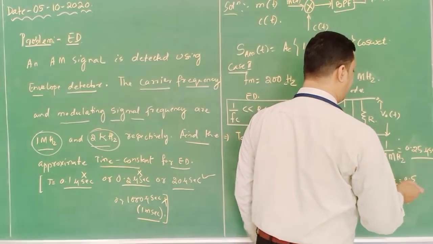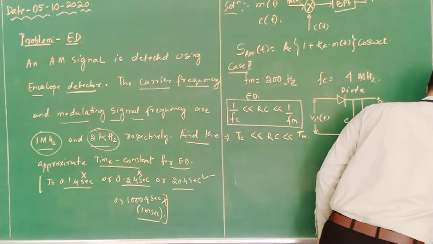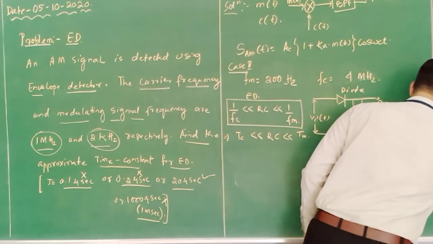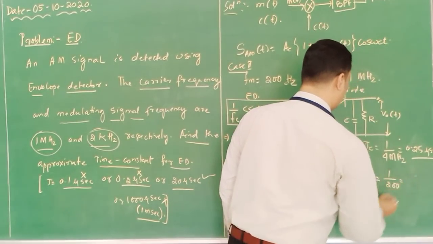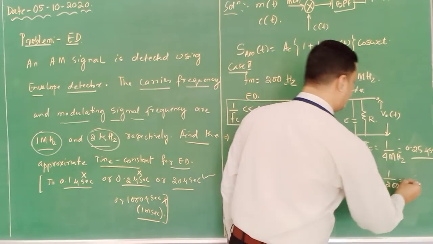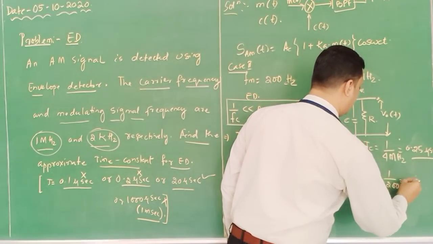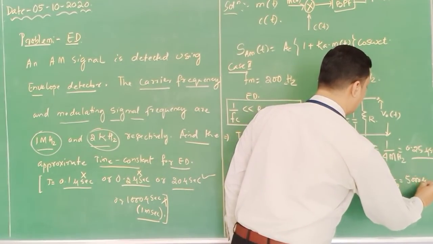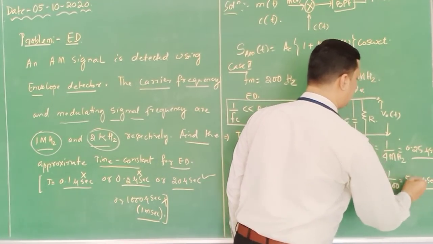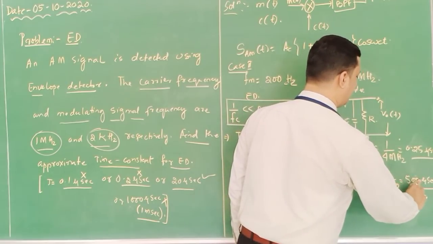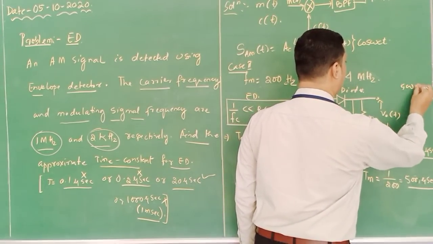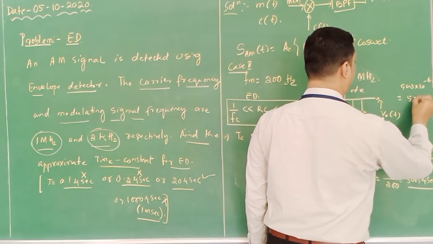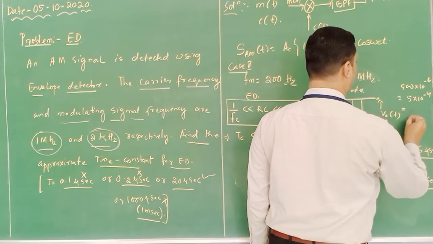So how much microsecond will it come around? 500 into 10 to the power minus 6. So it is 5 into 10 to the power minus 4.